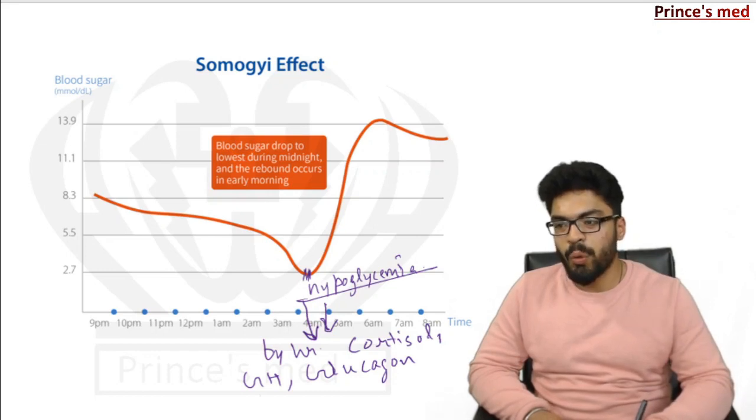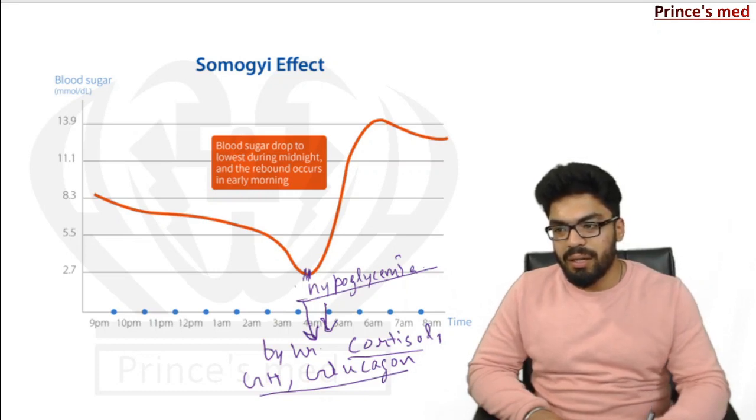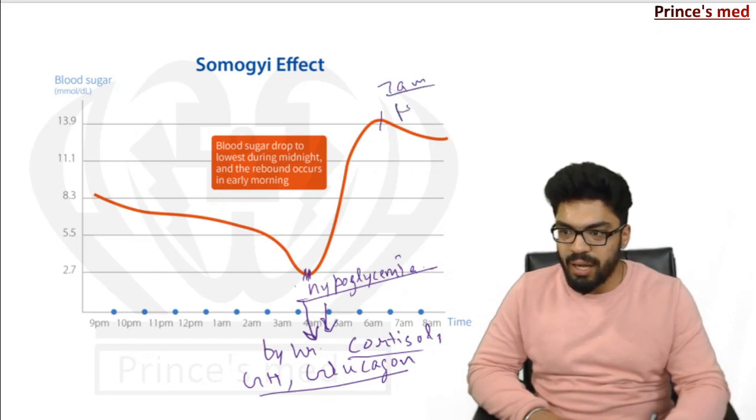Due to these hormones released due to hypoglycemia, in early morning at 7 a.m., the person has hyperglycemia.